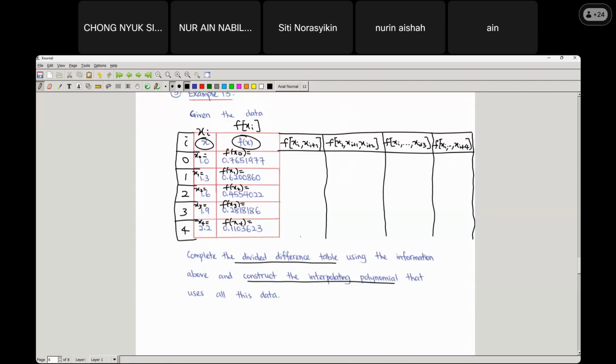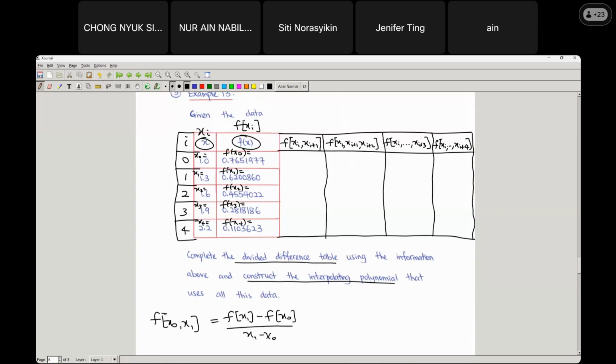So we do the first divided difference first. How to find the first value? The first value is f(x0, x1), correct? The formula is f(x1) minus f(x0) divided by x1 minus x0.